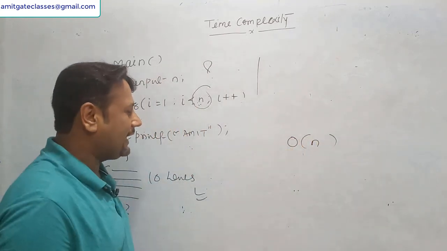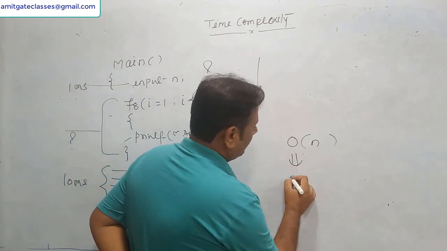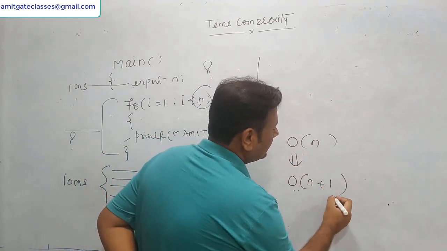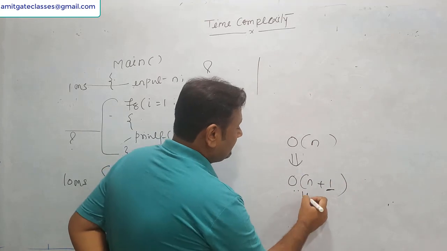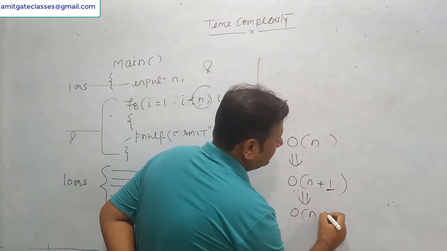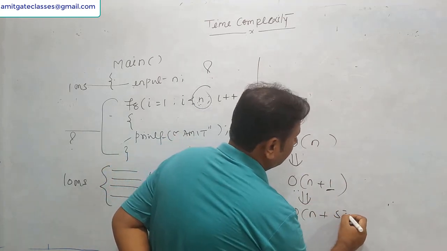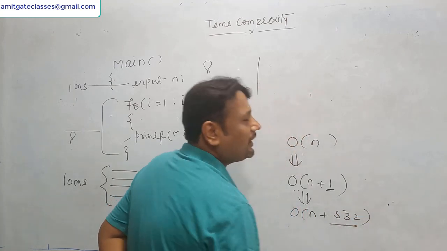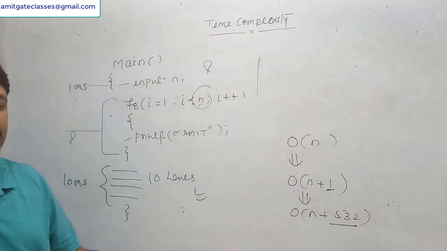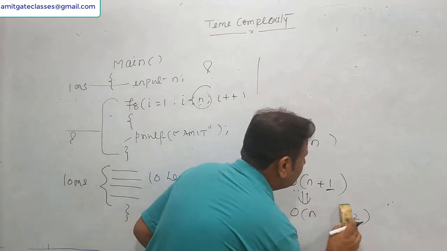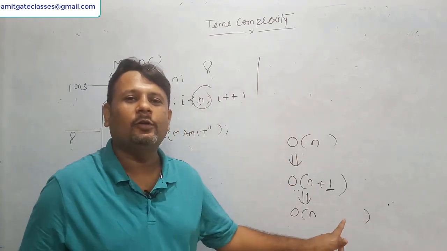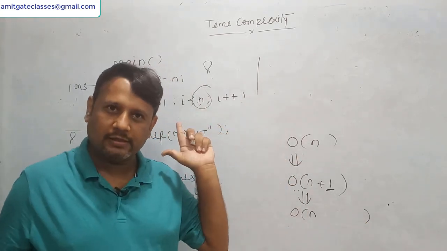This order of n can be written as order of n plus 1. This 1 is what? Constant. Same thing I can write order of n plus, let's say, 532, any value, because every value is a constant. So I can ignore these terms and directly represent complexity as order of n. This point is clear?